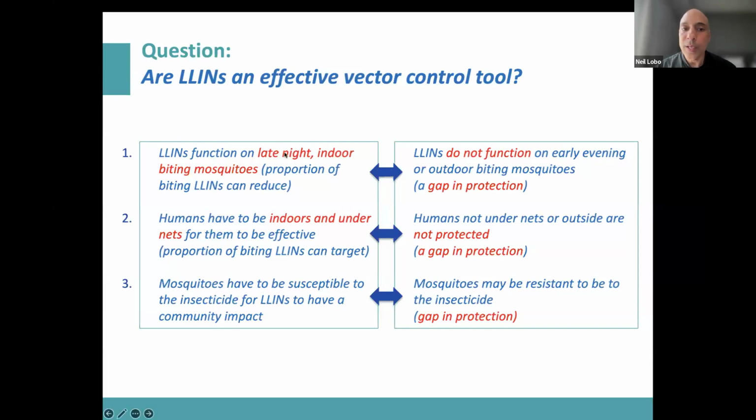They work on late night indoor biting mosquitoes. They do not function on early evening or outdoor biting mosquitoes. Humans have to be under the nets for them to be effective, and if they're not under the nets, they're not effective. And mosquitoes have to be susceptible, and if they are resistant, it's not that effective.